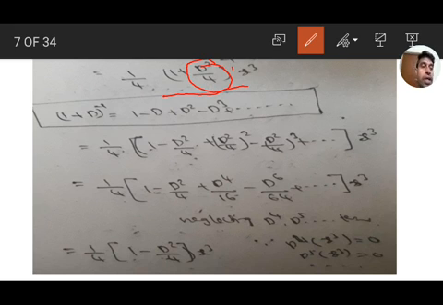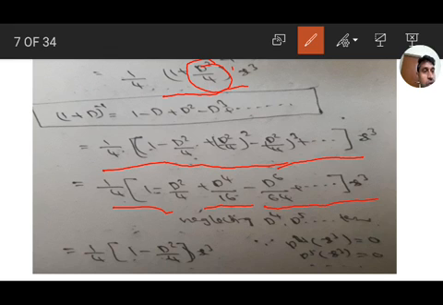So substituting, we get 1 by 4, [1 − d²/4 + (d²/4)² − (d²/4)³ + ...] of x³. Expanding and simplifying, we get 1 by 4, [1 − d²/4 + d⁴/16 − d⁶/64 + ...] x³.